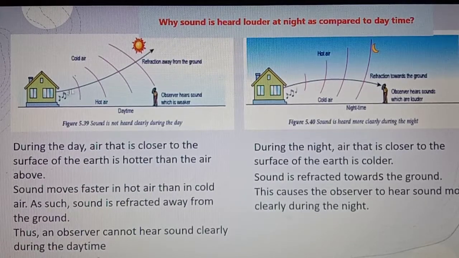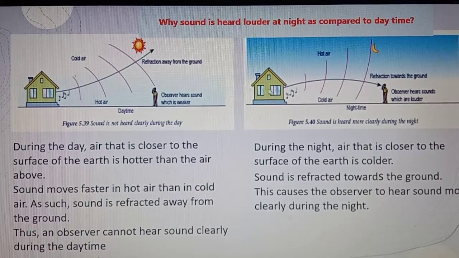When we draw the normal line here, from hot to cold, what happened to the wave? It will be refracted away from the ground. Refract towards the normal, but refract away from the ground. So what happened to the sound? Sound will leave the ground and move to the atmosphere, so it will just be lost. Thus, the observer cannot hear sound clearly during daytime.